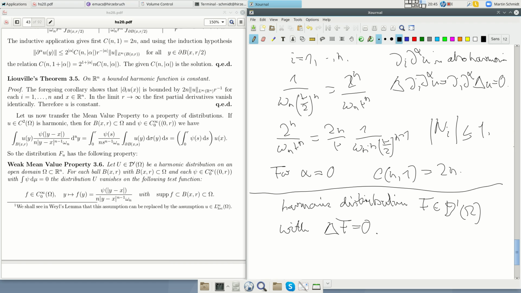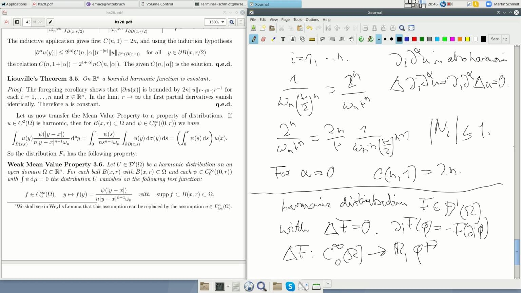But what is Laplace f? Remember, it's a linear map, and it maps phi to, since it's a second derivative, for all the derivatives are defined, d_i f of phi is just minus f of d_i phi.